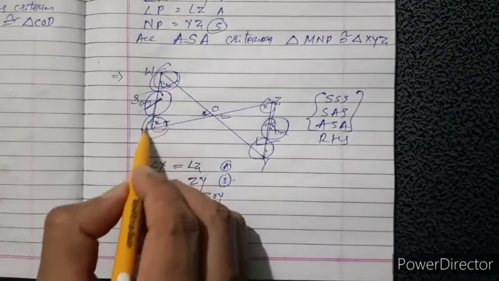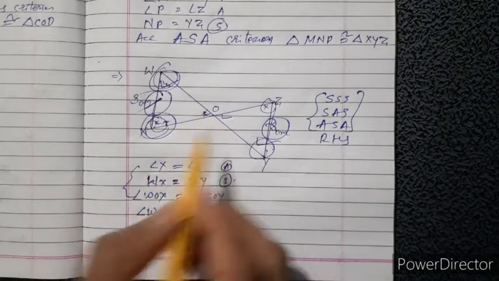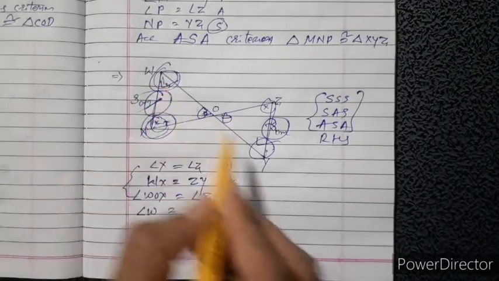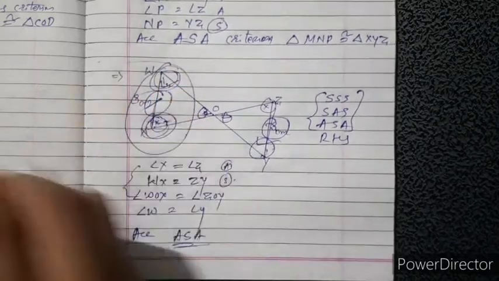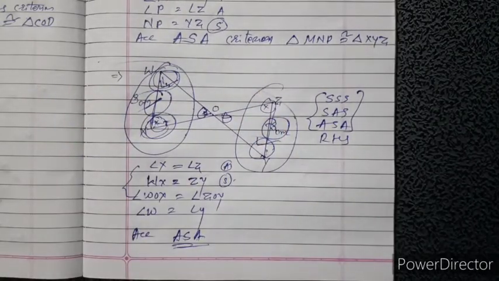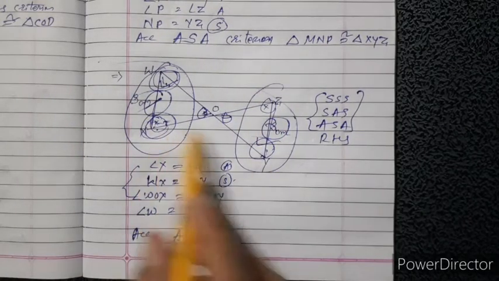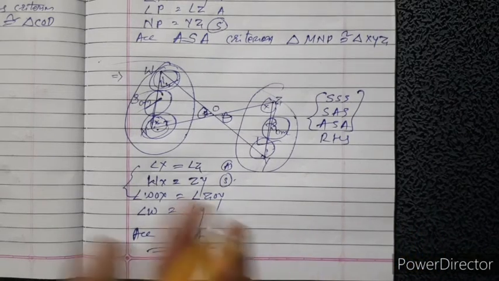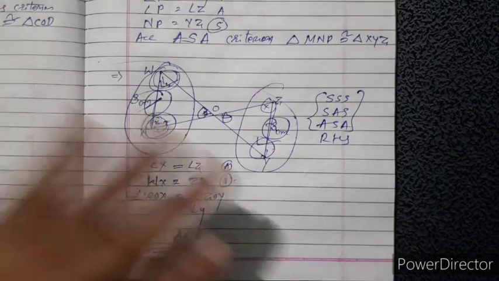If only one angle is given, check the properties of angles. If two angles are equal, the third one is also equal, and then compare them. Check the criteria and then write down according to which criterion they are congruent.